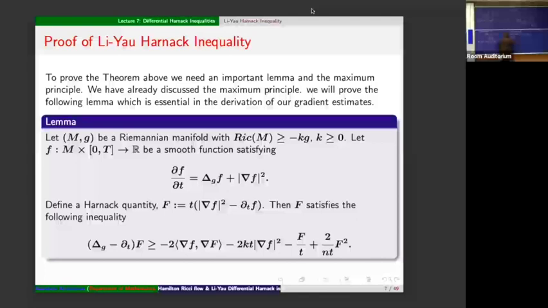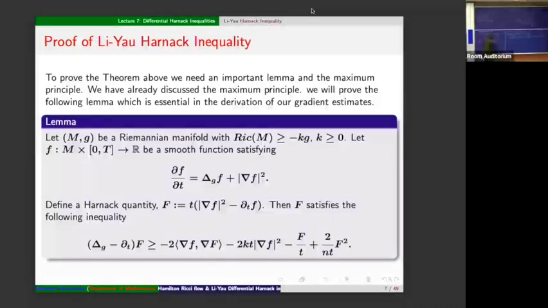The Laplacian of |∇f|² is 2 times the Hessian of f squared, plus 2 times the inner product of the gradient of f and the gradient of the Laplacian of f, plus 2 Ricci of gradient of f, gradient of f. So we can start with this formula.